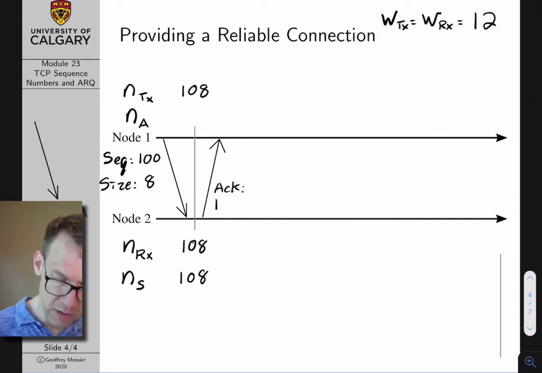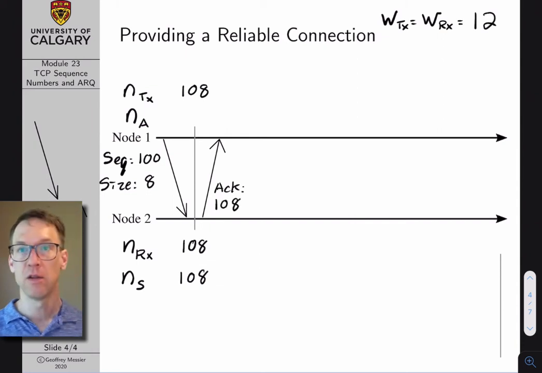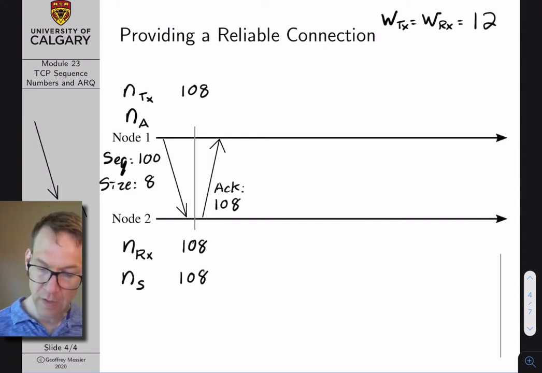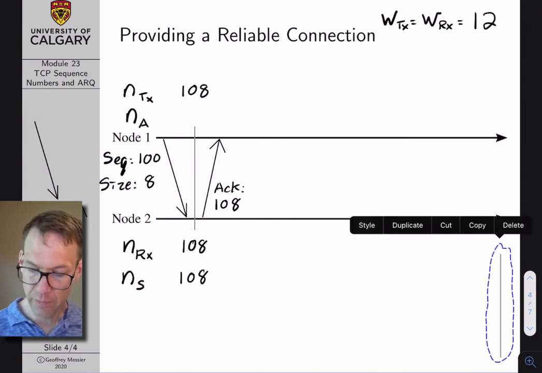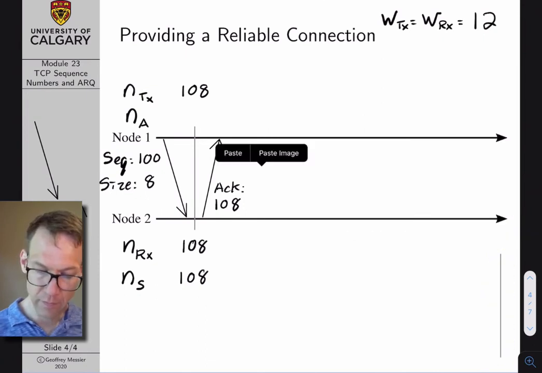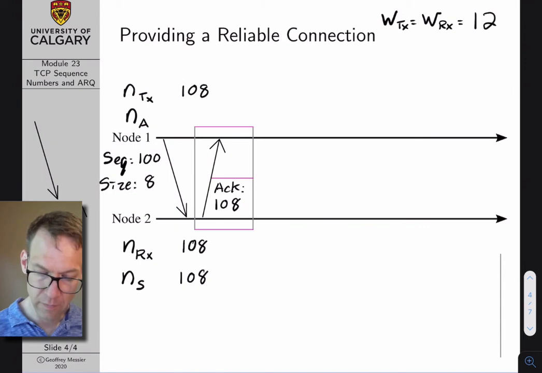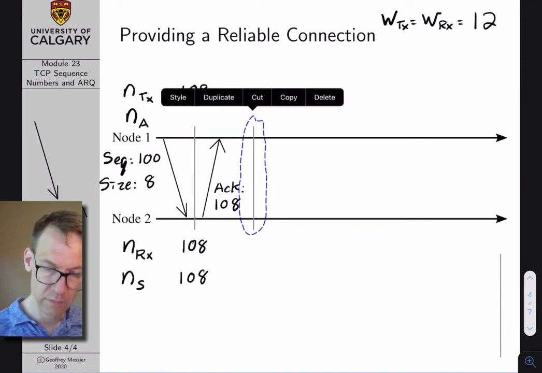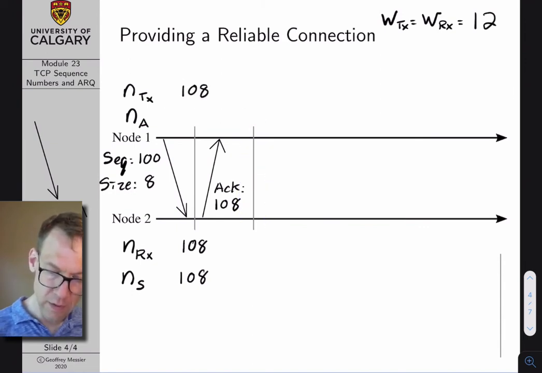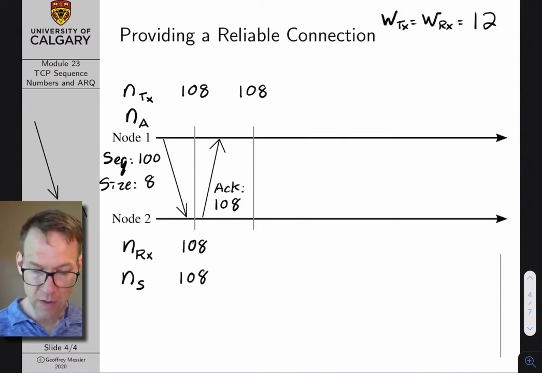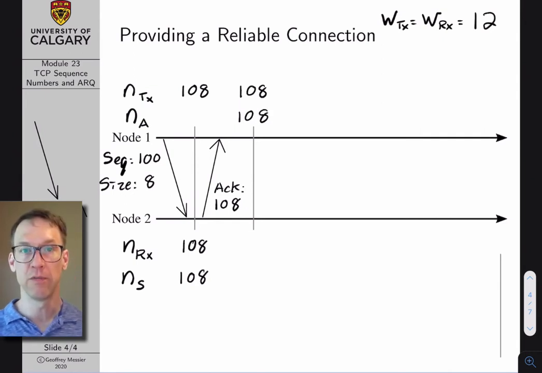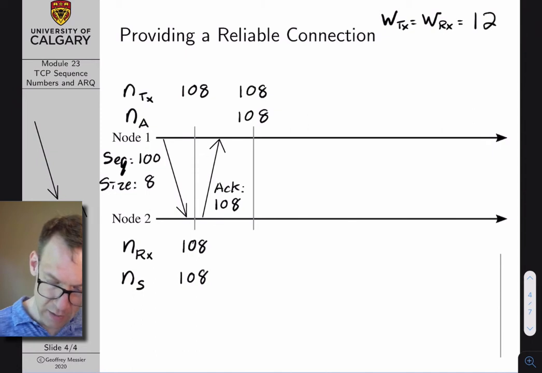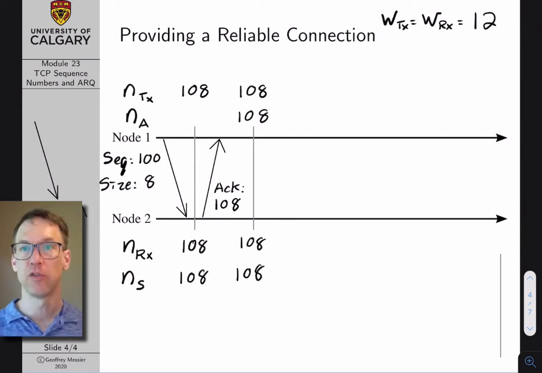And so the acknowledgement number is going to be 108. And so at this next time point, NTX is still 108 because we haven't sent our packet yet. Our most recent acknowledgement that we've received, however, now is 108, and NRX and NS haven't changed.